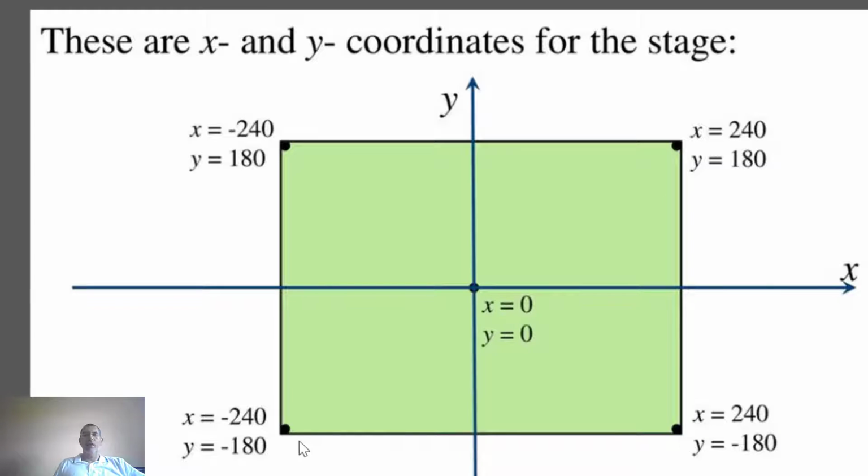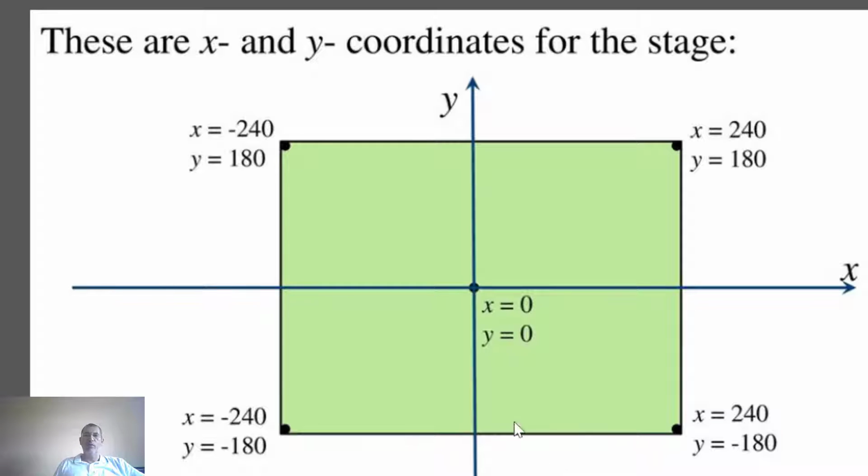So these are the edges of this stage here. In this corner, we have x equals 240 and y equals 180. 240 means from here all the way to this edge, it's 240, okay? And y equals 180 means from here all the way to this edge is 180.